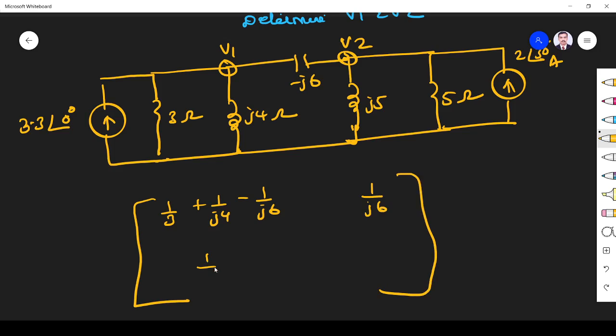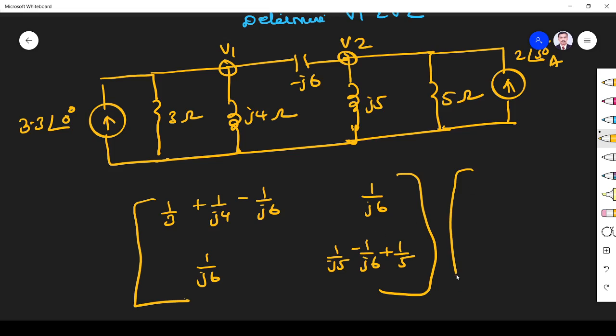Here also plus 1 by j6. And what will happen here? y22. What are the resistances connected here? 1 by j5, minus 1 by j6, plus 1 by 5. Right? So these are all the resistances connected here.